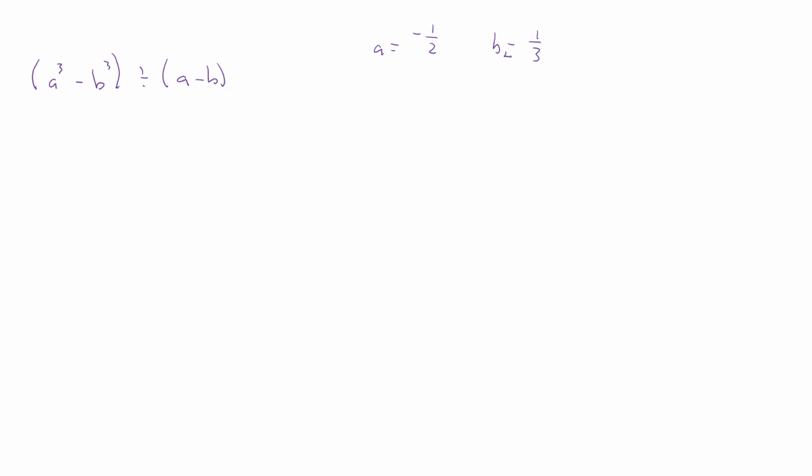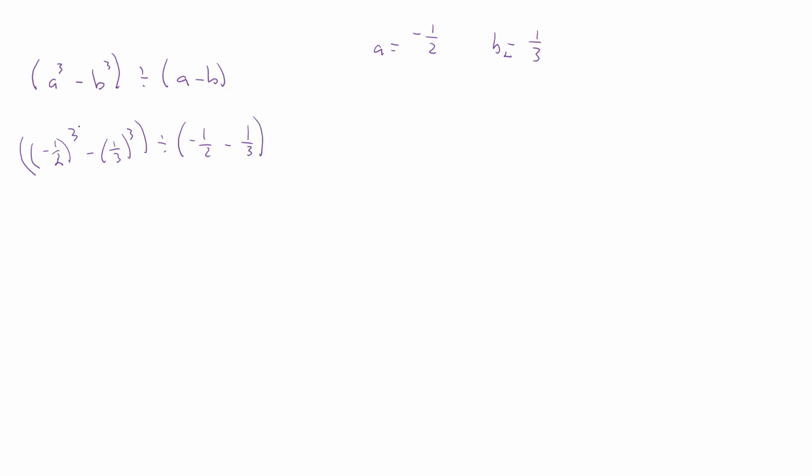Okay. So now what we need to do is plug in a and b in places here. So what we'll have is negative 1/2 cubed minus 1/3 cubed, all in parentheses, divided by, now we have a negative 1/2 minus 1/3.